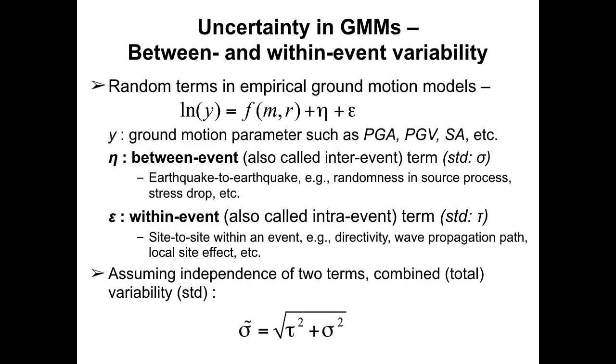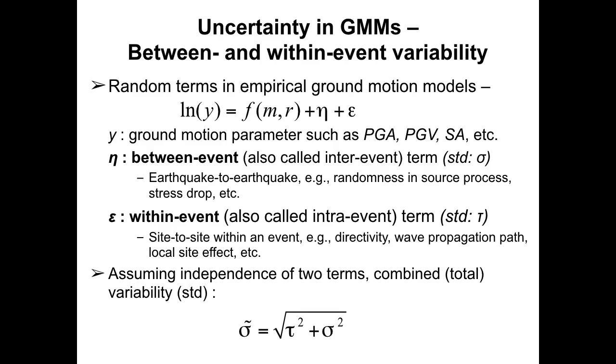And then there's a within-event term, or intra-event term, which affects ground shaking as it varies from site to site within a particular earthquake. The ground motion may be higher and the loss may be higher at some locations, while at others the ground motion may be lower and the losses may be lower.